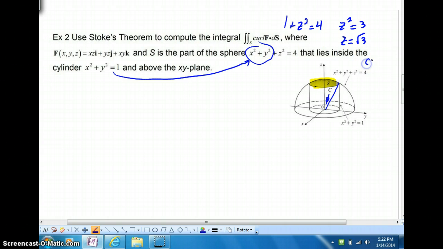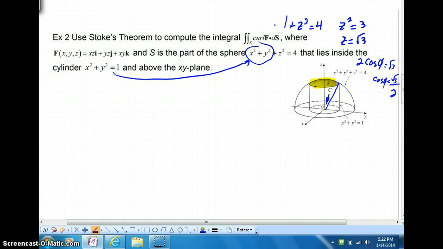Our rho, the radius of the sphere, is 2 here. So z would equal 2 cosine of phi, which is equal to root 3. Very quickly you'd see that the cosine of phi is equal to radical 3 over 2, so phi would have to be pi over 6. So we certainly could convert to spherical coordinates.